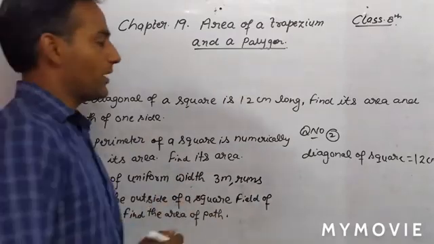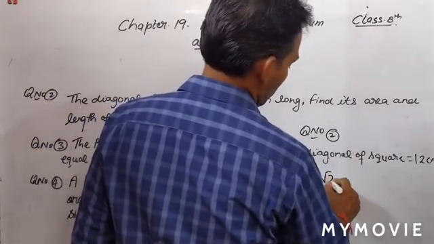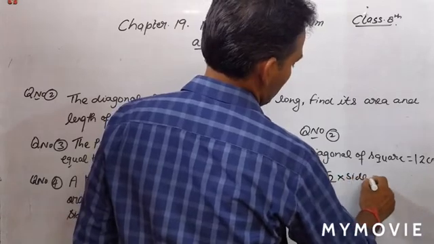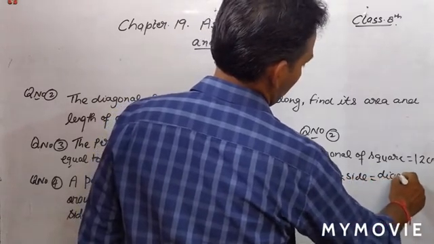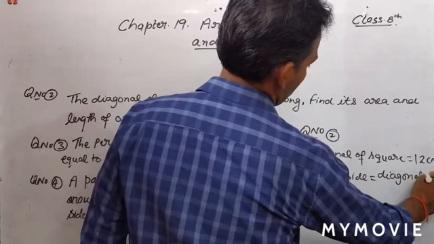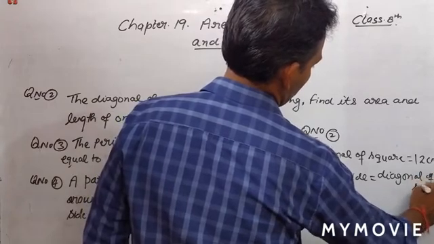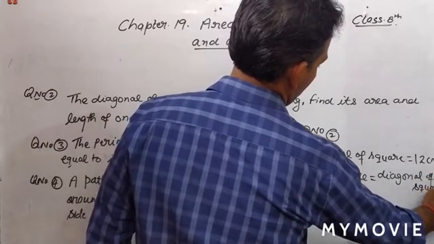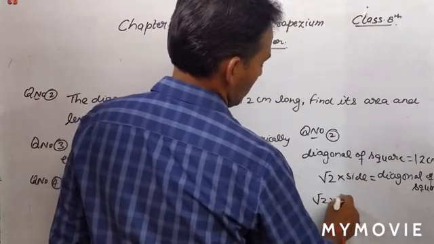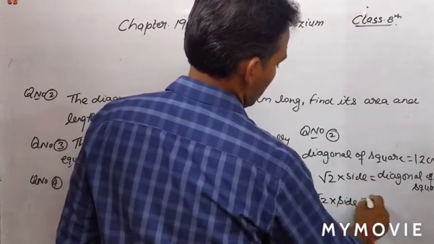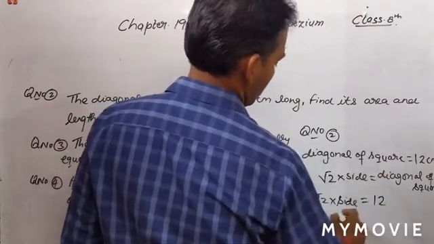That diagonal of square is, I told you, under root 2 into side is equal to diagonal of square. Okay.